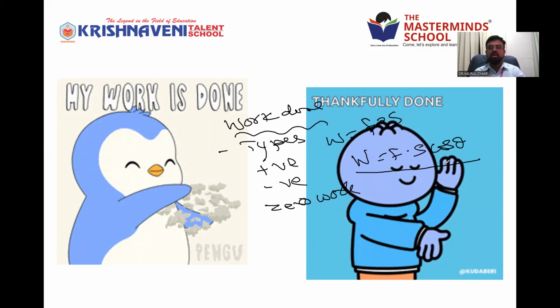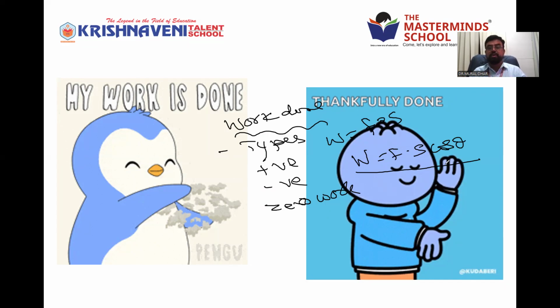So generally, work is done when a body displaces or changes its position along the direction of force. If there is no displacement, suppose displacement is 0, then work done is also 0. Even though you are applying any amount of force, if the body does not displace or change its position, then work done is 0.